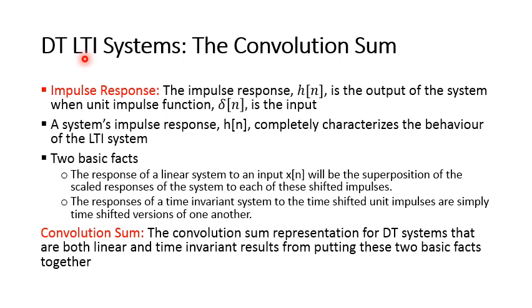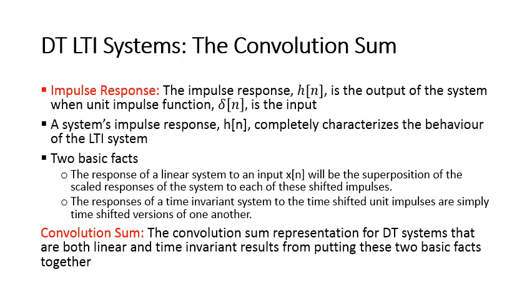For an LTI system, if we know the impulse response, we can find the output of the system using the convolution sum. You understand, the impulse response is defined as the output of the system when the input is the unit impulse.